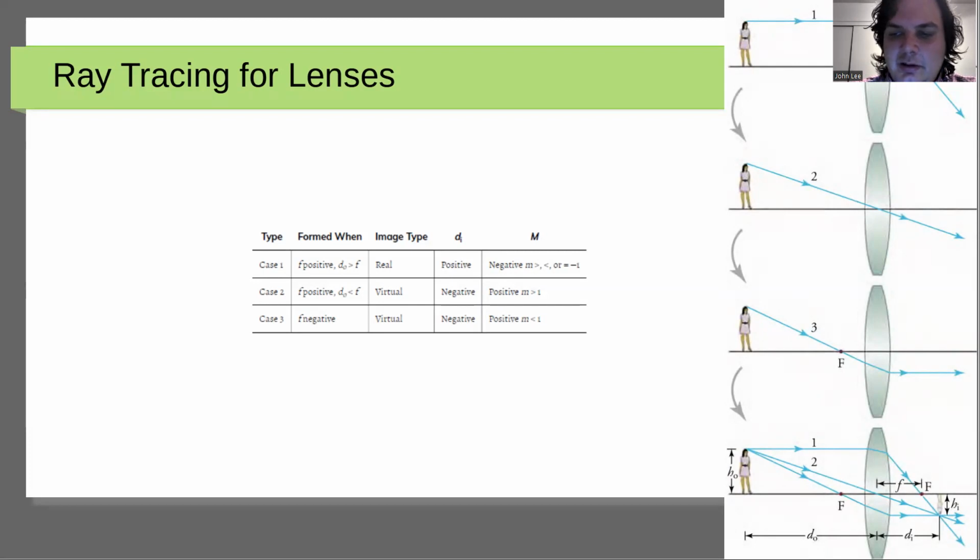It looks like they all came from this point, which means that to an observer, to whoever's looking at the object past the lens, it will look like they all came from the point of the image rather than from the point of the object.